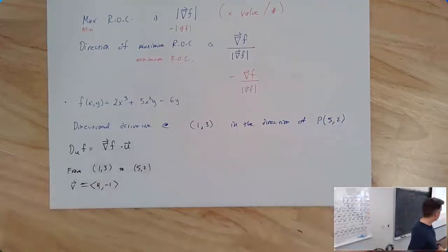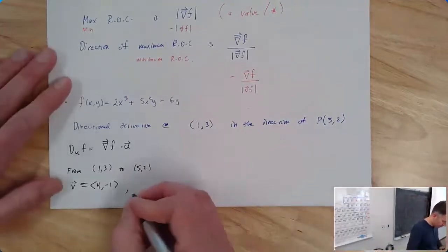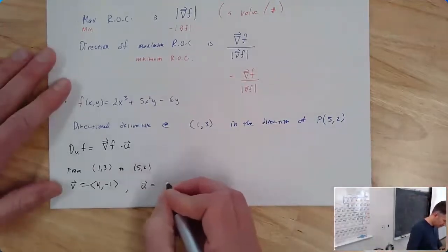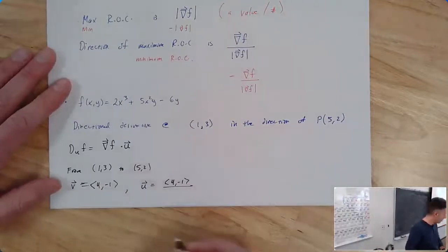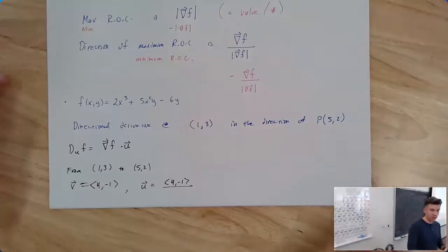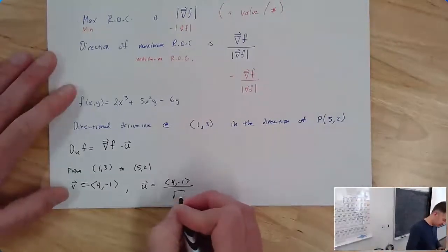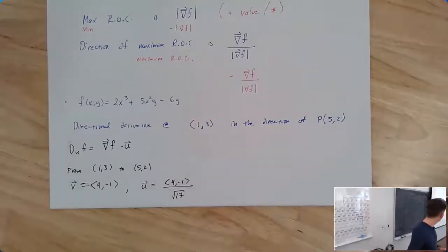But that's not a unit vector, which is why I called it v instead of u. So the unit vector we're going to use is that vector 4, negative 1, divided by its own magnitude, which is the square root of 16 plus 1, which is the square root of 17. That's our unit vector, which you can write in 3 different ways.